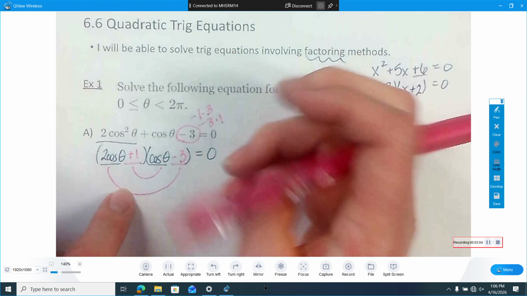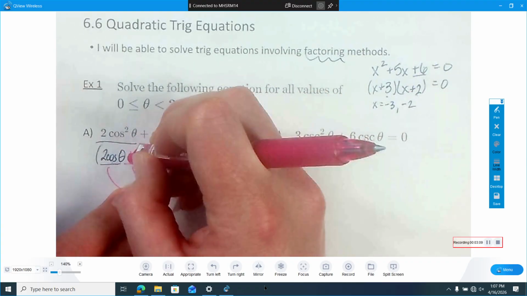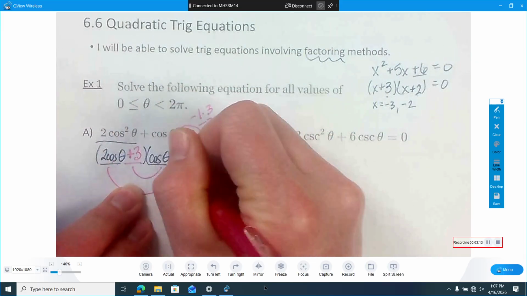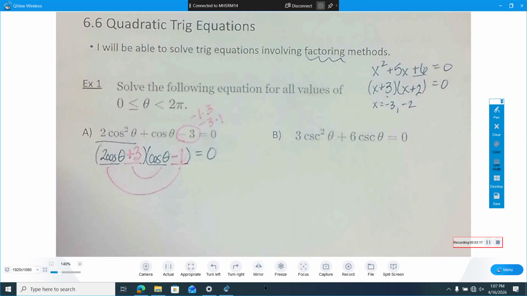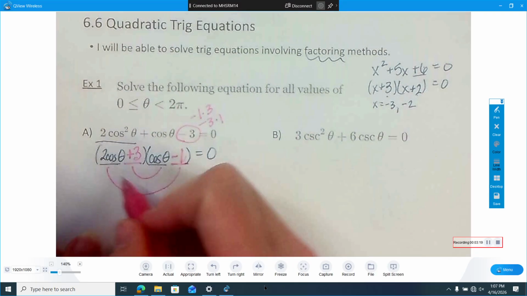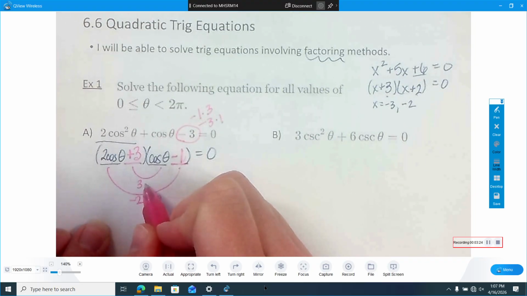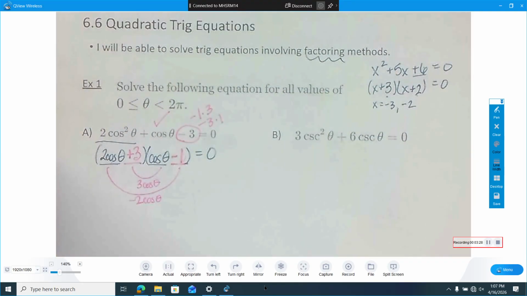So that one didn't work. So I want to swap. I don't want the 3 on the outside. I want the 3 on the inside. So I want a +3 and a -1. Now when we check, I have a -2 cosine of theta and a +3 cosine of theta. And when we combine those, that gets me my middle term.